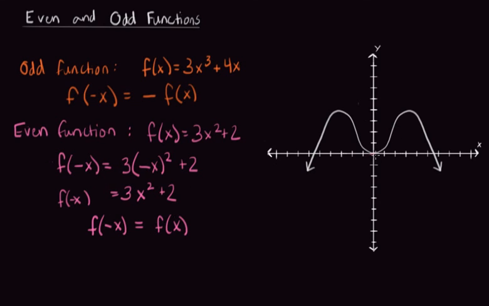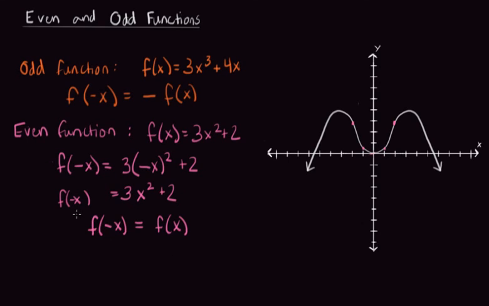And if you think about that, that is the same thing that's happening here, right? If we put in a negative number, it comes out the exact same as a positive number. If you put in -1, it comes out in the exact same spot as +1. If you put in a -2, it comes out in the exact same spot as a +2. And that's what makes it symmetric about the y-axis, because all the negative inputs give you the same value as their positive inputs.